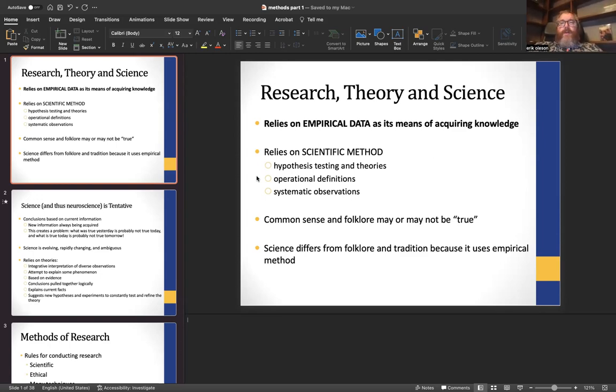There are so many good examples out there, but for example, one could say, we're going to go out and study whether or not it's hot outside. So, we would need an operational definition of what it means to be hot outside.